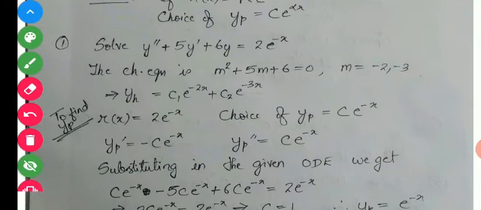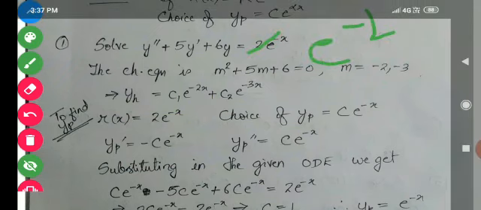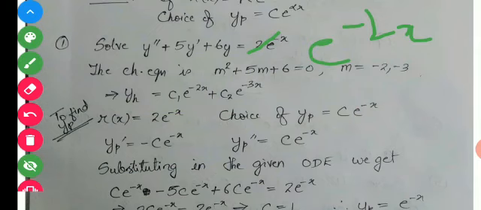In this same question, suppose instead of e raised to minus x, you had e raised to minus 2x. Then you already have e raised to minus 2x in your yh. In that case, your choice of yp should not be c into e raised to minus 2x. It should be c into x into e raised to minus 2x.